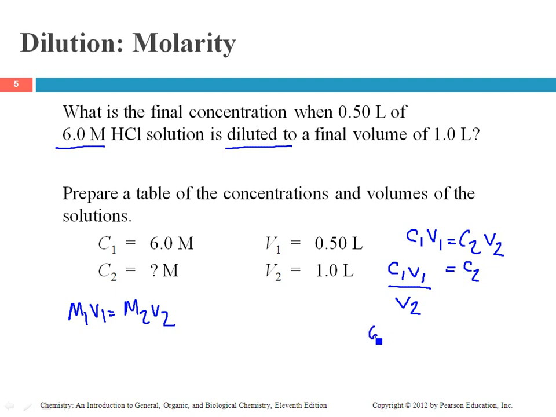We have 6.0 molar, and to save time I'm not putting units here, times 0.5 divided by 1.0. We're looking for C2, and we know our units are going to be molarity because we have concentration. So 6.0 times 0.5 divided by 1.